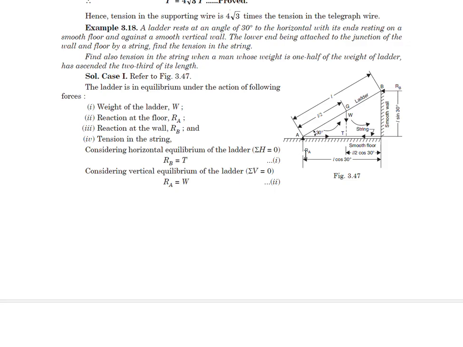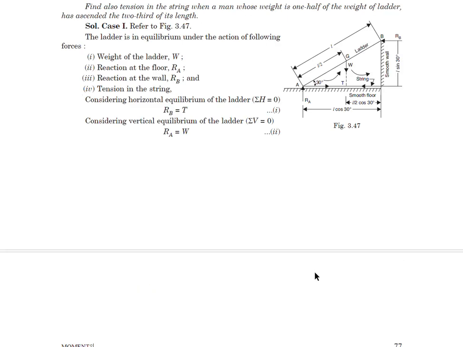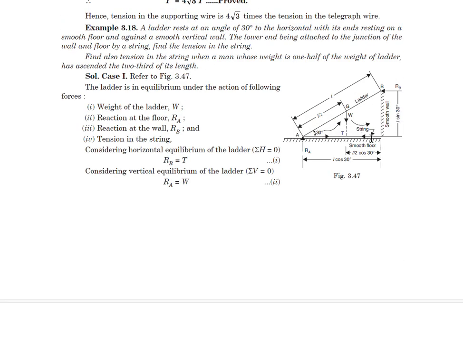For RA, it will be RA into L cos 30, and for W, it will be W into L by 2 cos 30 degree plus T into L sine 30 degree, because T is this, so the perpendicular distance will be this.